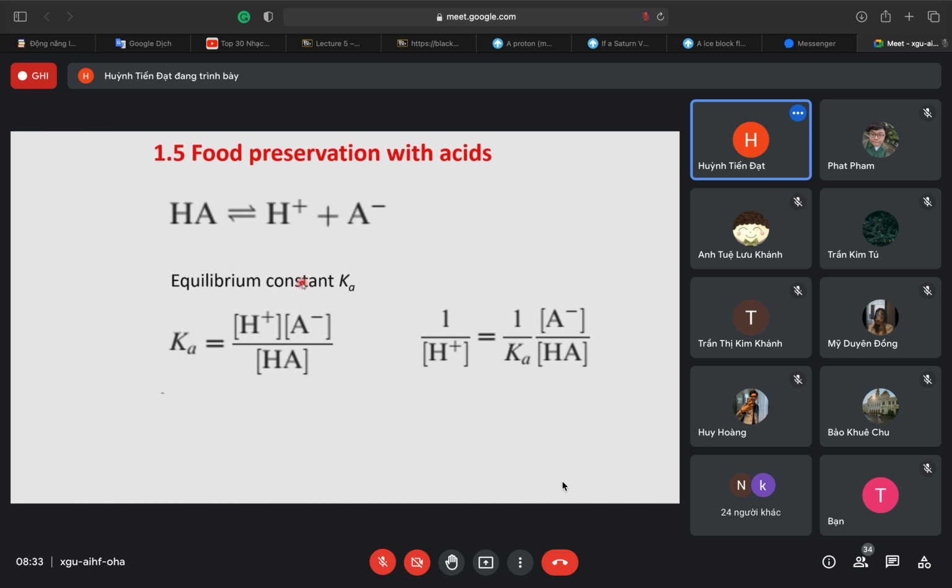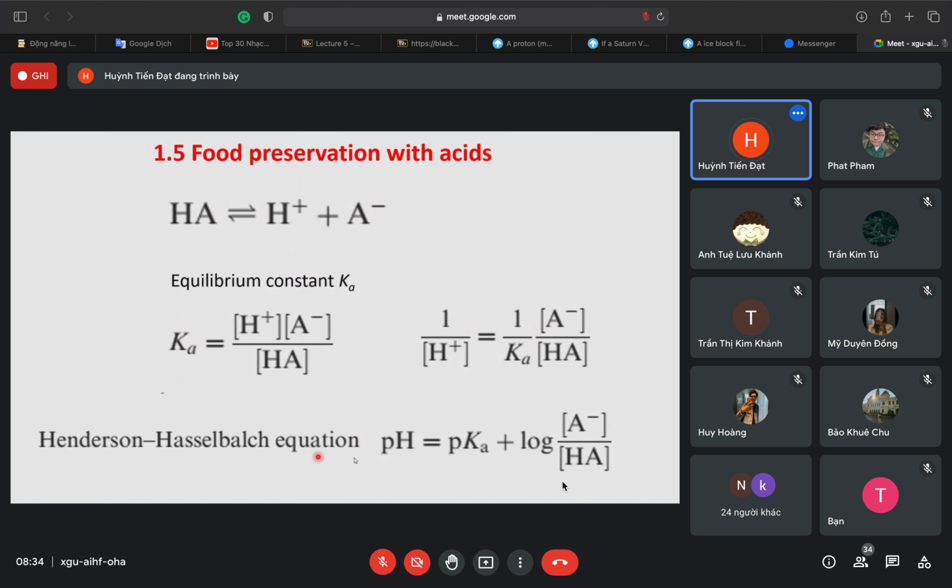Do you still remember this, guys? The Henderson-Hasselbalch equation. We have the Ka, and solving for this, we get pH equals pKa plus log of [A-] divided by the concentration of HA. This was already explained to you.